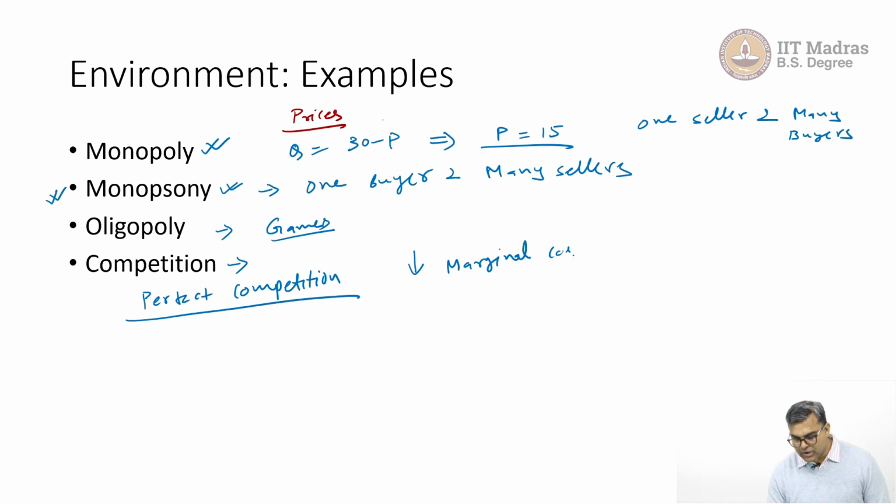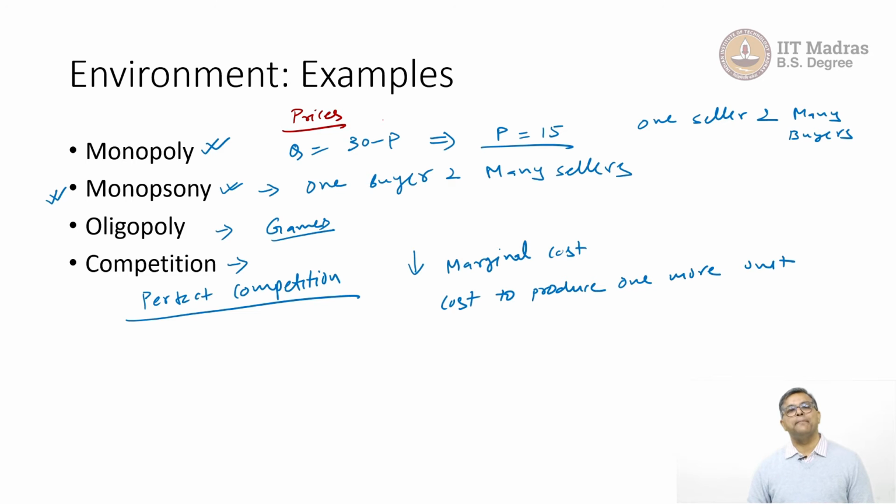What is marginal cost? The cost to produce one more unit. Each seller would think that by lowering the price they will be able to capture a bigger market.